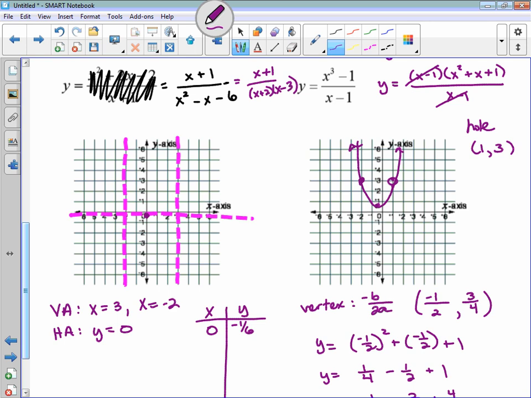What about my x-intercept? If y is 0, what does x have to be to make that work? You can use either this or the factored one. If I want y to equal 0, remember which part of the fraction has to be 0? Just the top. So what would make the top 0? Negative 1.